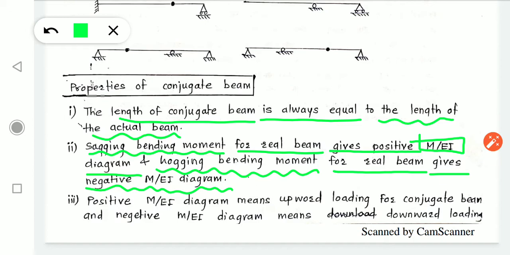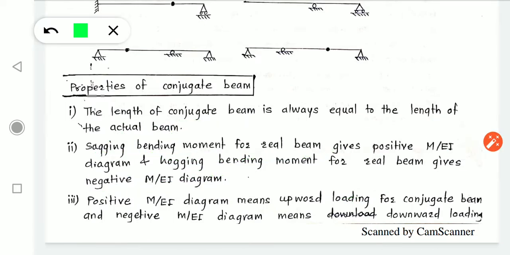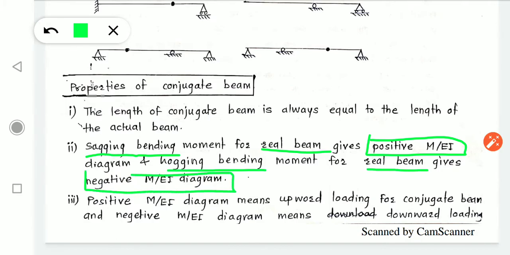So as usual, sagging gives a positive M by EI diagram, whereas if there is a hogging bending moment in a real beam, it will turn out to be a negative M by EI diagram. Let's make it clear: a sagging bending moment in the real beam will give us a positive M by EI diagram, and a hogging bending moment in the real beam will give us a negative M by EI diagram.